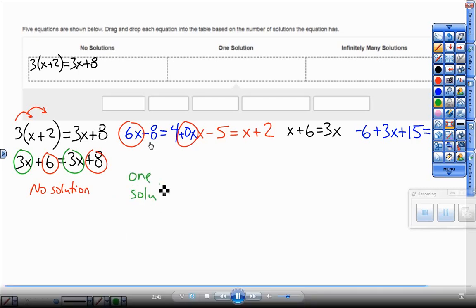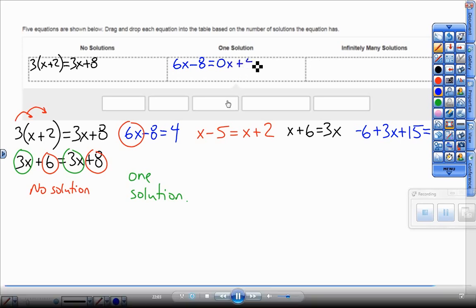Or of course you could have added 8 and gotten 12 divided by 6 and gotten an answer x equals 2 to see that's one solution. Or better yet, different number of x's on either side, or only x's on one side of that equation, always one solution. So 6x minus 8 equals 4 goes in that one solution box.